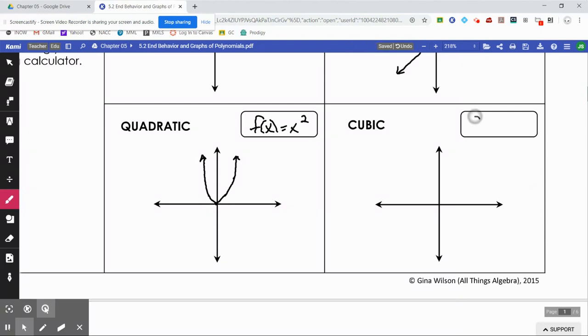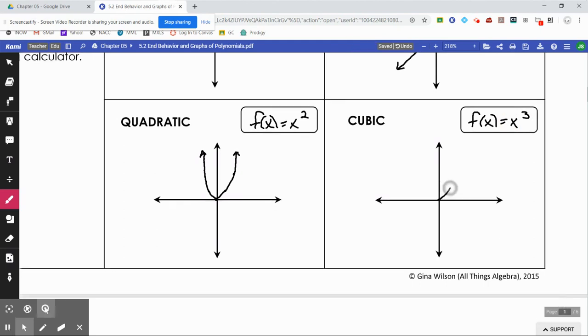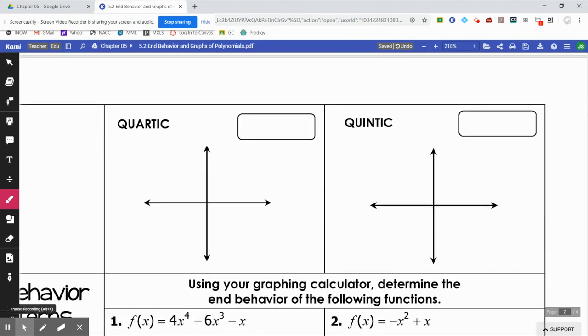Your parent function for all the cubics is y equals x to the third power, and looks something to this effect. Comes down at 0, 0, and then curls around and comes down this way. Your quartic parent function, which would be f of x, is equal to x to the fourth power.